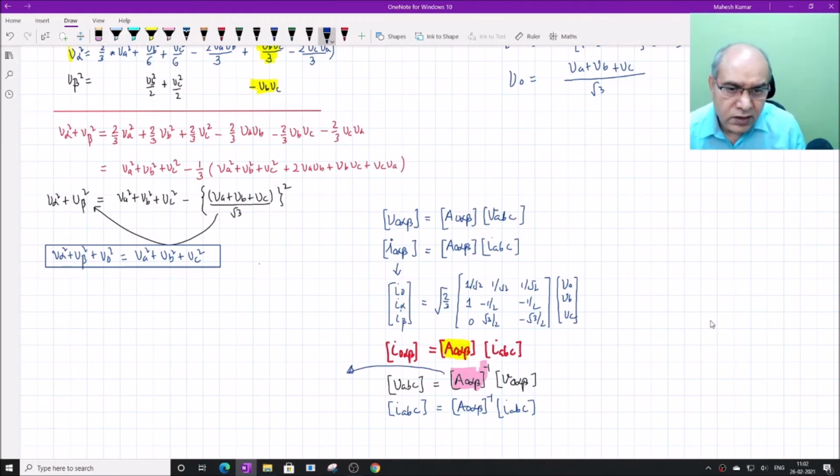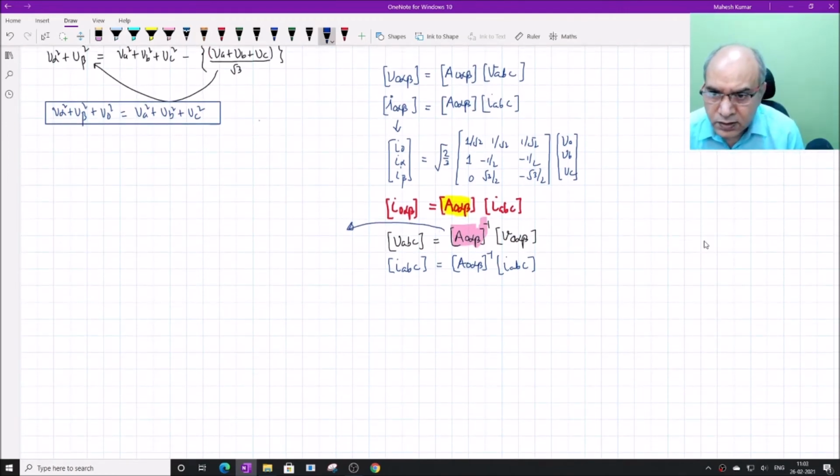You will see that this A0 alpha beta inverse is equal to root 2 by 3, the same factor, and in the bracket it has elements: 1 by root 2, 1 by root 2, 1 by root 2.